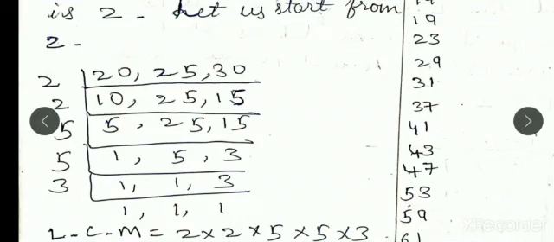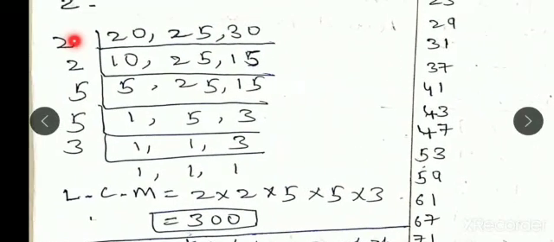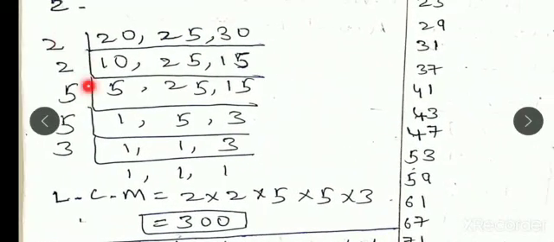I will take the second lowest prime number, that is 3, and I will divide by 3. That is 3 ones are 3. And I will write 1 as it is because 1 cannot be divided by 3.